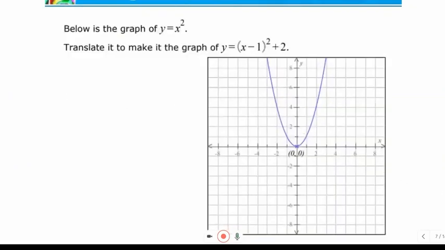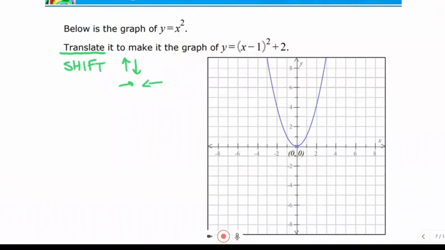So now let's do some problems. Down here, we have a graph, y equals x squared. We're going to translate it, which means we are going to shift it up, down, right, left. Those are our options.